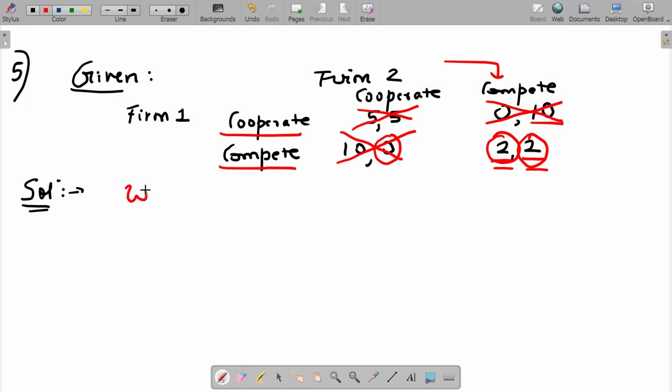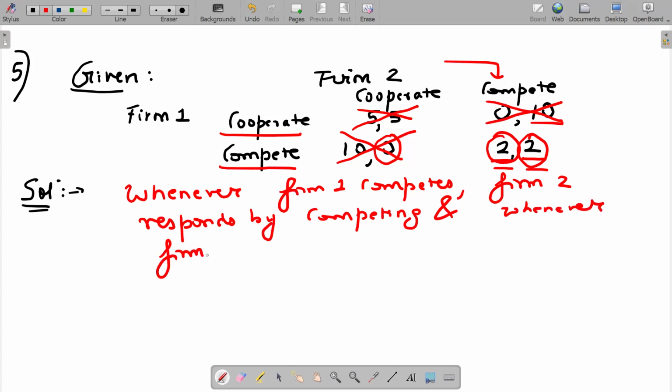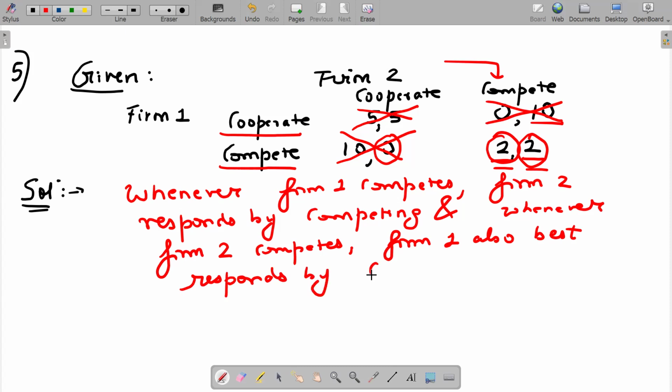So whenever firm 1 competes, firm 2 responds by competing. And whenever firm 2 competes, firm 1 also best responds by competing.